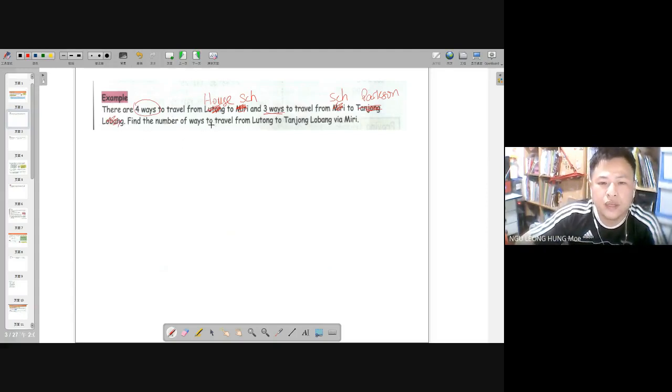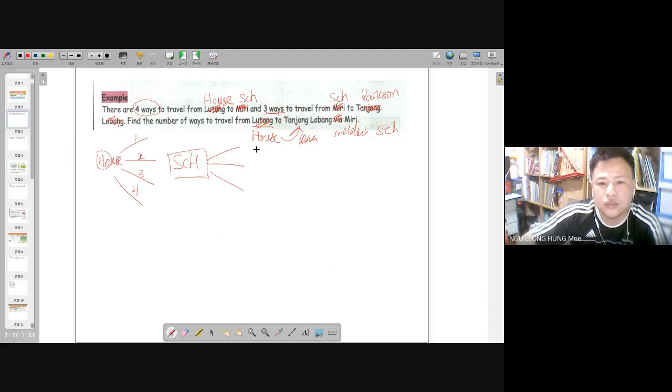Find the number of ways to travel from your house to Parkson via your school. That means this is your house. This way you can reach, first way, second, third, fourth. We have 4 ways to reach school. This is school. Then after school, you want to go to Parkson. You have three ways to go to Parkson.